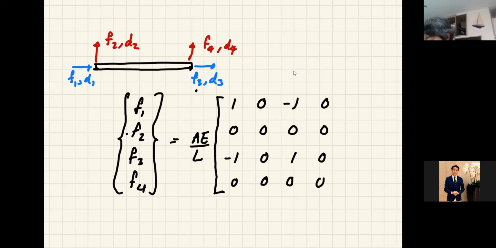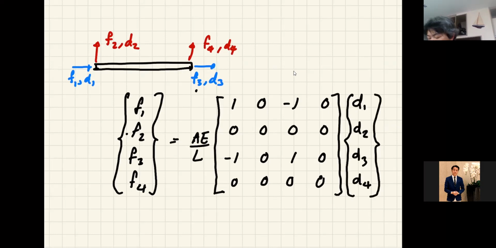All right. So that, ladies and gentlemen, is the stiffness matrix followed by the displacement matrix, D1, D2, D3, and then D4.